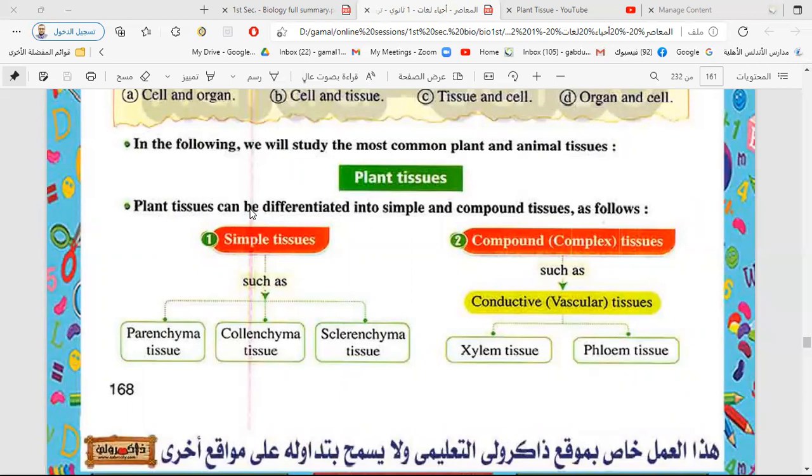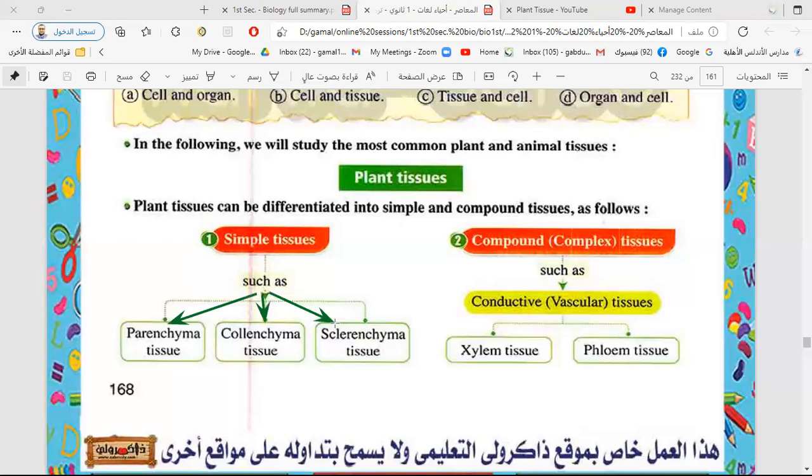The simple tissues are made up of similar cells, and we have three examples of simple tissue in the plant. We have parenchyma tissue, collenchyma tissue, and sclerenchyma tissue. We will talk in detail about every one of them, inshallah.